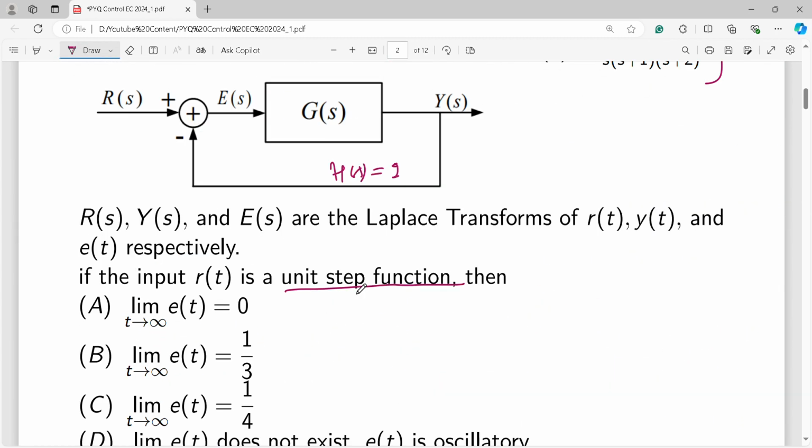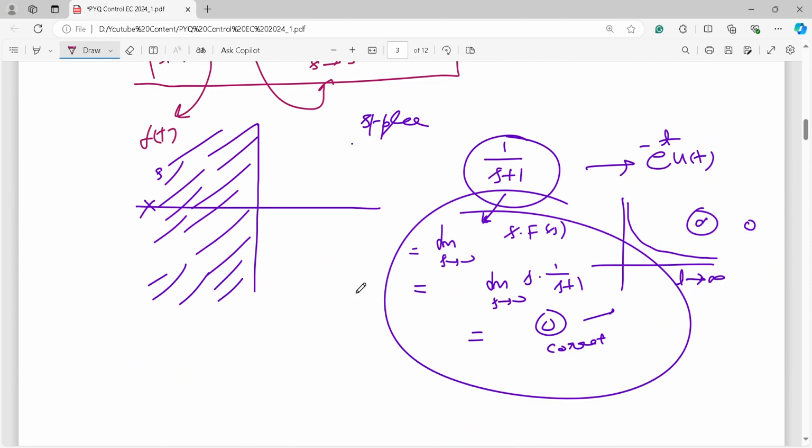So they have given the question G(s) equal to 6 by s into s plus 1 into s plus 2. All right, and let us draw our block diagram.